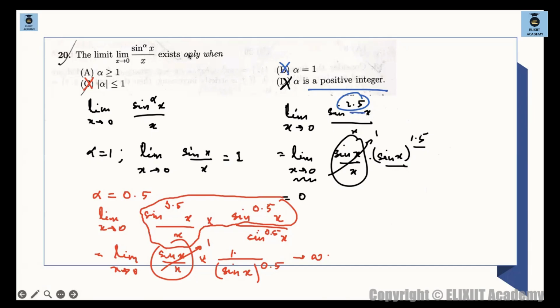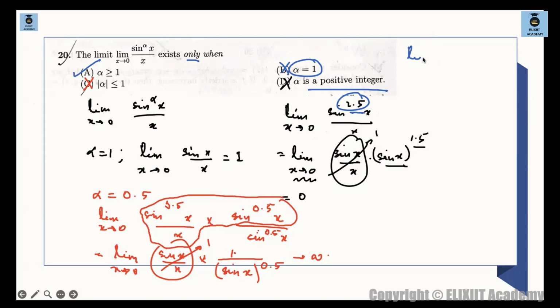They are saying the limit exists only for which condition? Even if alpha is not 1, for some values this is holding. For 2.5, 3.5, 4.5, this will still hold, right? So most likely option A will be correct. You can check here, alpha is greater than or equal to 1. Let's say alpha is 2.